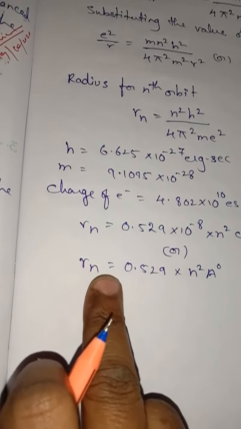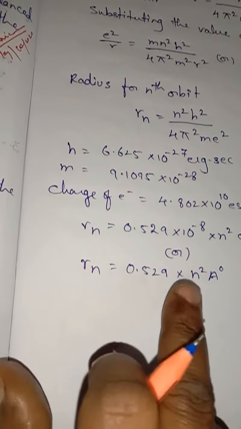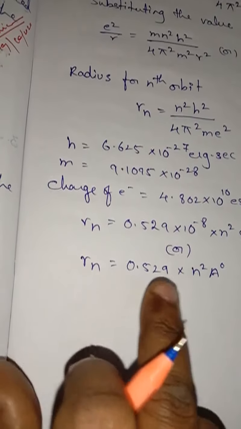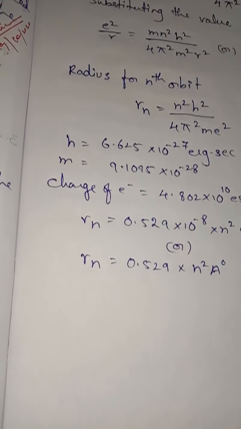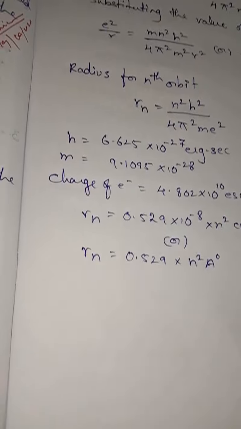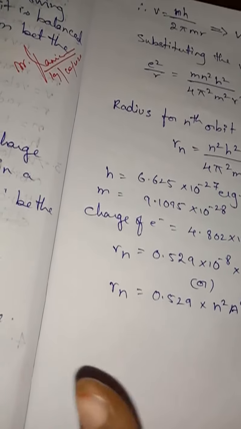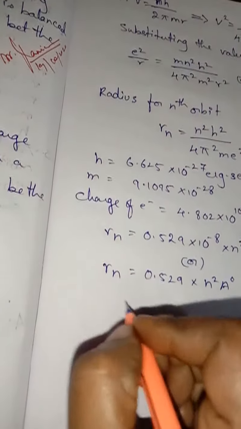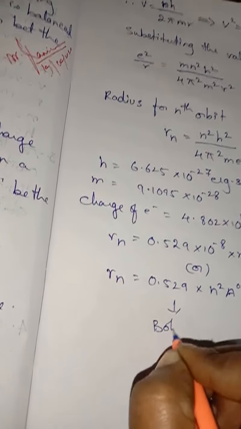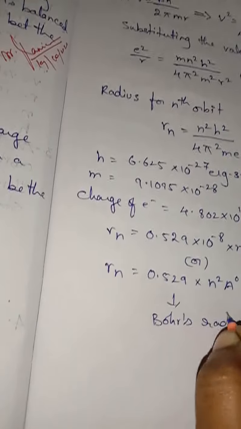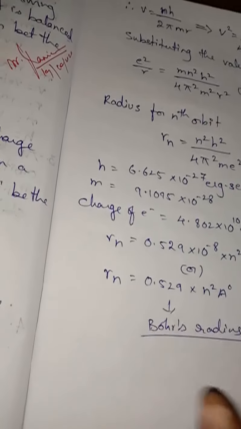So the radius of the first orbit is 0.529 angstrom, or 0.0529 nanometer, or 52.9 pm. This value is known as Bohr's radius.